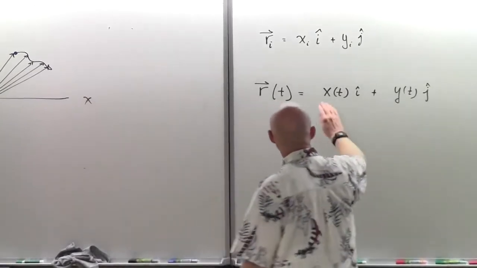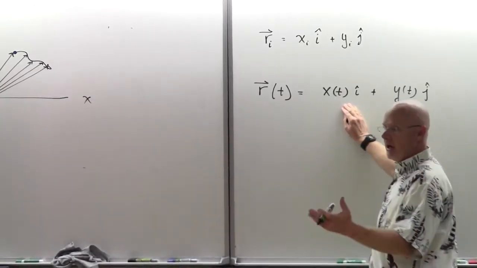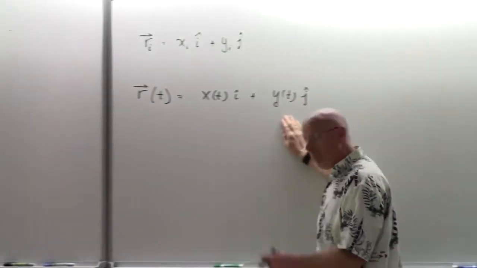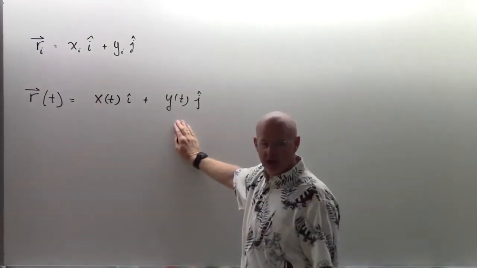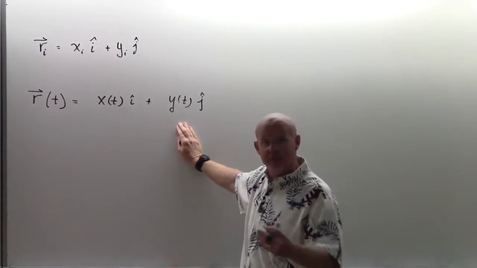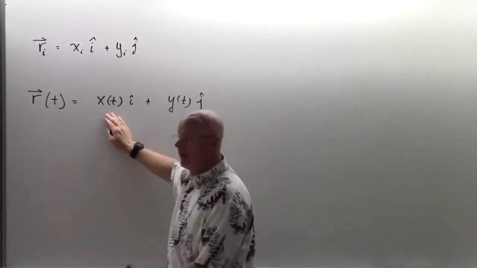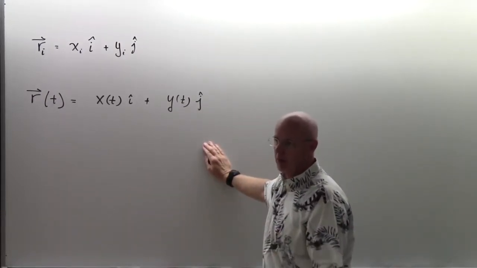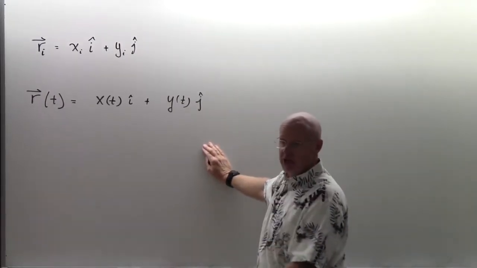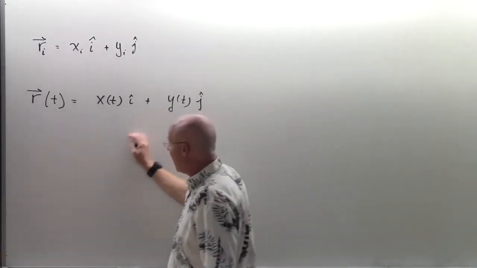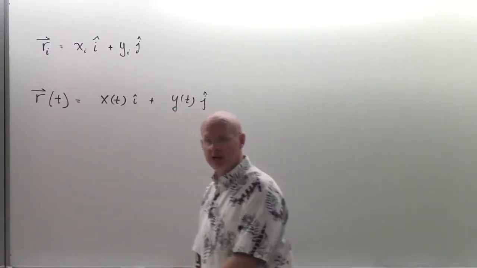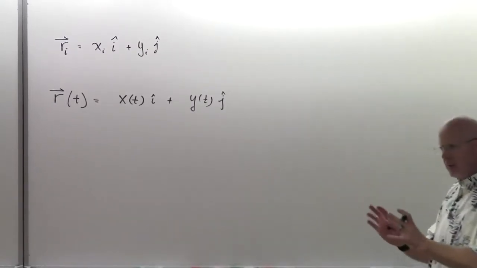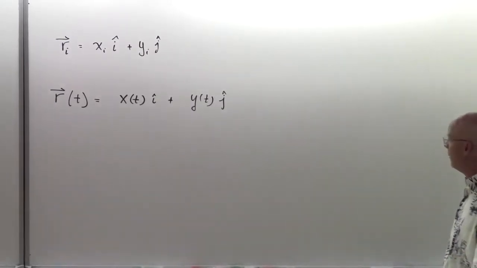All I'm saying is there is some function of time of how the position changes, right? But it is also changing in the y direction. And so I have two functions, one describing where it is on the x-axis, and the other one describing where it is on the y-axis. That's all this fancy notation means, these little i hats, these j hats, these arrows, these parentheses. Okay? Yeah, it begins to look a little intimidating, but really hopefully straightforward.